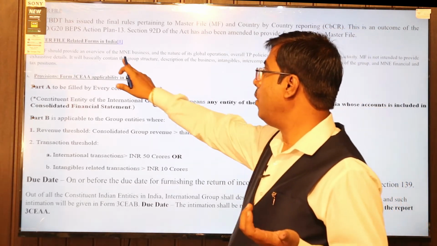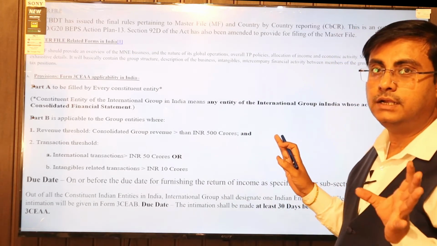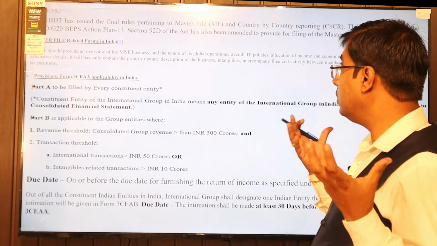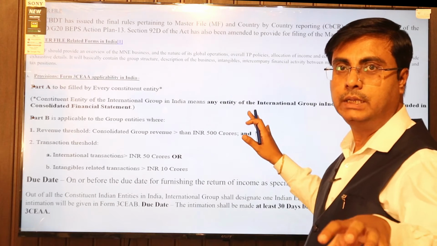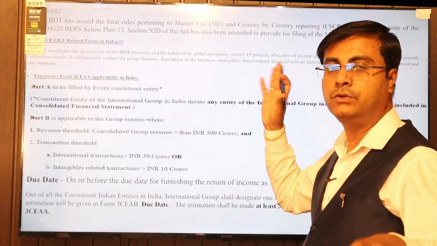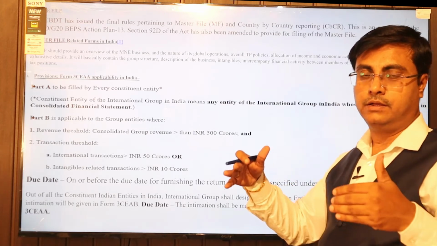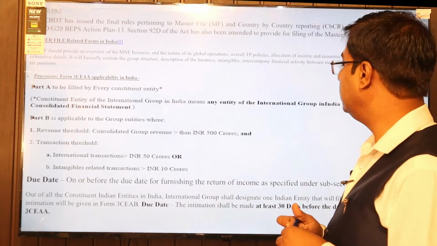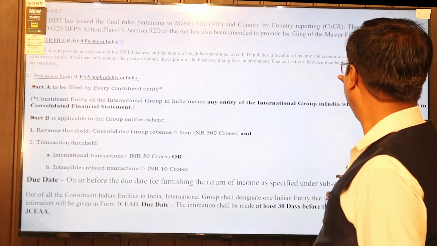It should provide an overview of the MNE business. Multinational enterprises have to describe their business: the nature of global operations, the overall TP policy, what your TP policy is in India, what it is in the UK, and allocation of income, such as how you allocate royalty to the country where your intangible is situated, and economic activity.